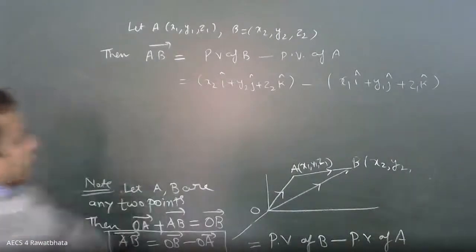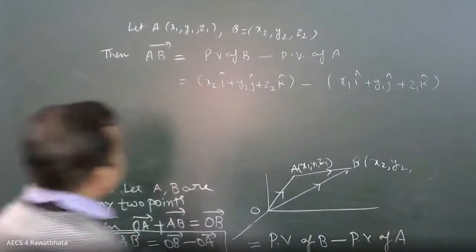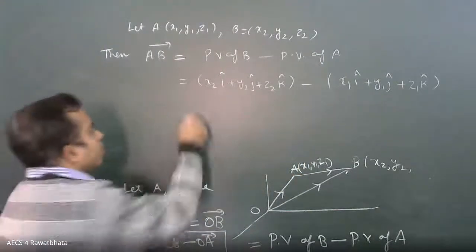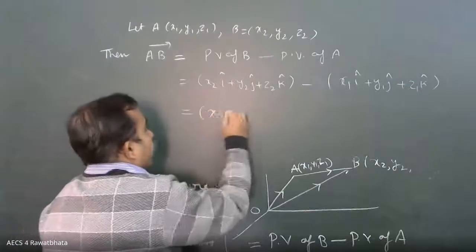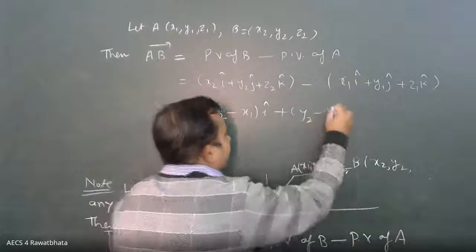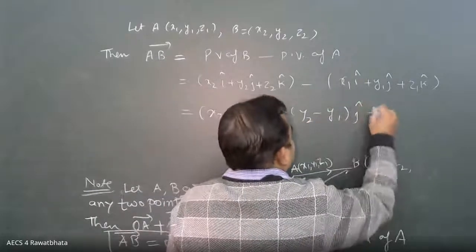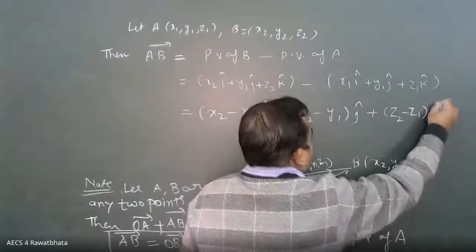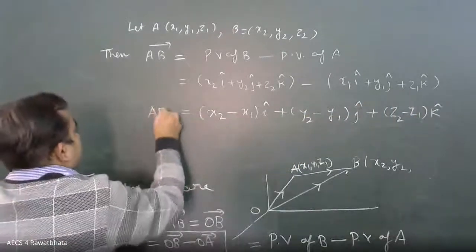The notable thing is that i cap multiplied, i can be taken common. Taking i common, you get (x2 minus x1) i cap plus (y2 minus y1) j cap plus (z2 minus z1) k cap. This is the AB vector.